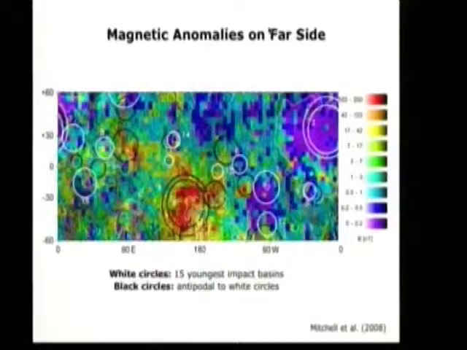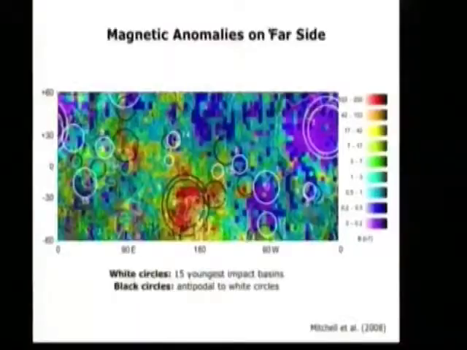The other thing that's been discovered, particularly in the late 90s with the Lunar Prospector spacecraft, which orbited the moon and had a magnetometer, is that it confirmed that while certainly the moon today has no large-scale global magnetic field with a north and a south pole, the lunar crust, the rocks on the surface on large scales, are magnetized. And we can see weak fields coming out of the crust. So this is essentially remnant magnetization in the crust.